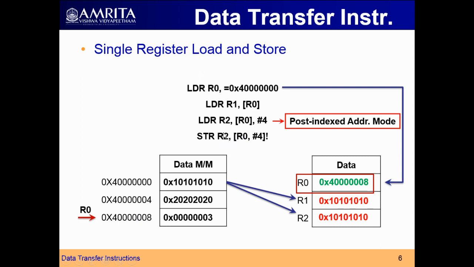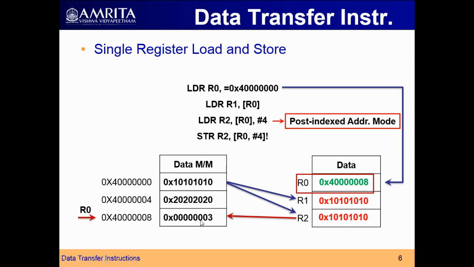So in the case of store, you are moving the data from left to right. In this case, R2 to the address pointed by R0, left to right. But in the case of LDR, it was from right to left. So in STR, it is from left to right. So you are going to store the content of R2, that is 10101010, to the address pointed by R0.